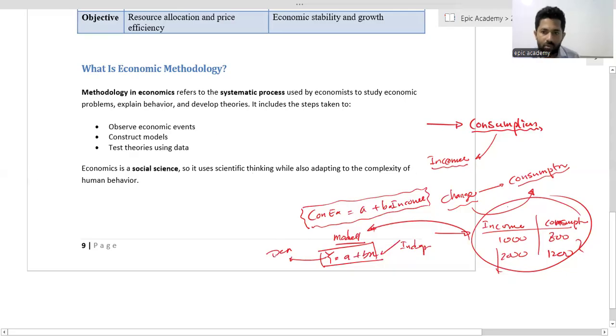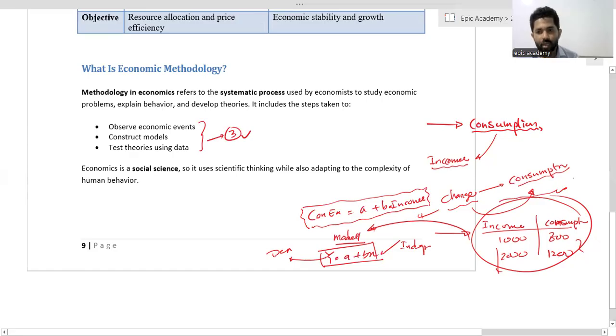So observe the data or events, create the model, and test that model by using data. Is that reliable? Or is that practical or not? So these are the steps we have to take. Three major steps we have to take related to the methodology of economics.